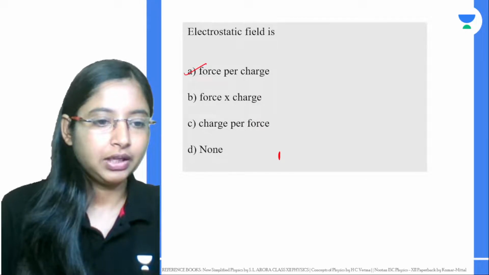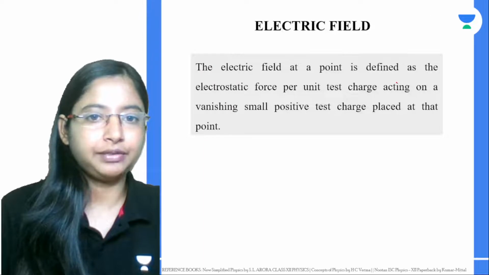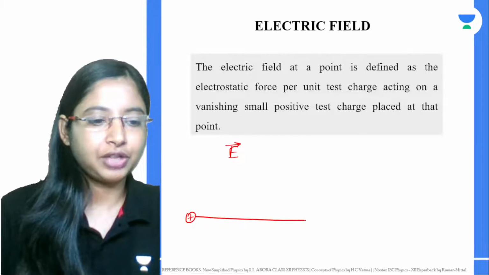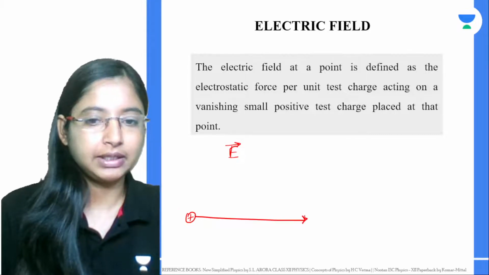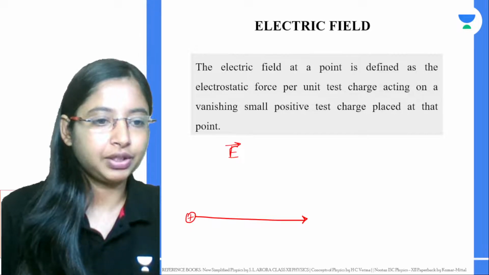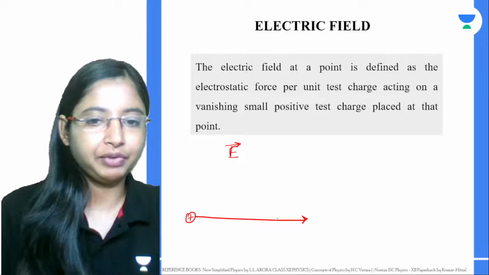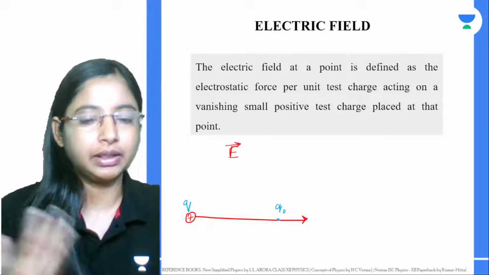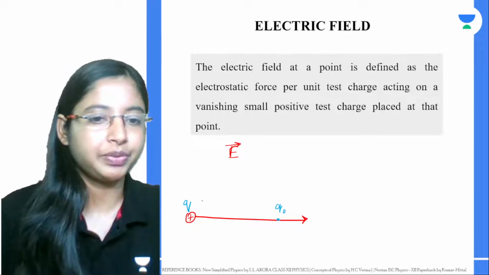Your electric field is defined as follows. If you have a source charge Q, with electric field lines in this direction, and I introduce a test charge Q0 anywhere over here, note that a test charge is always positive unless otherwise stated.